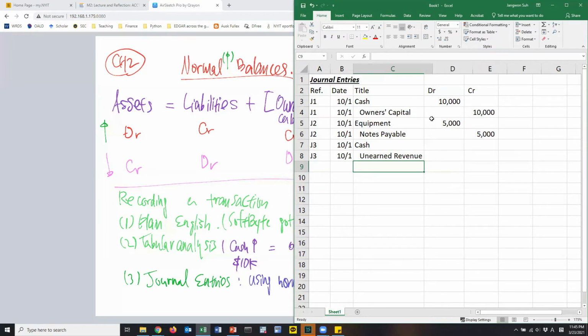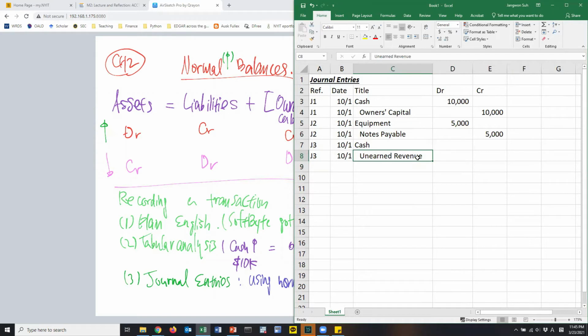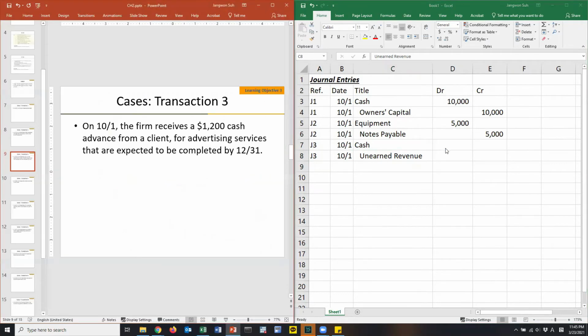You didn't earn it yet because you didn't perform yet. But as time goes by, you are entitled to recognize your service performed as part of your revenue, right? So how much is it? 1,200.